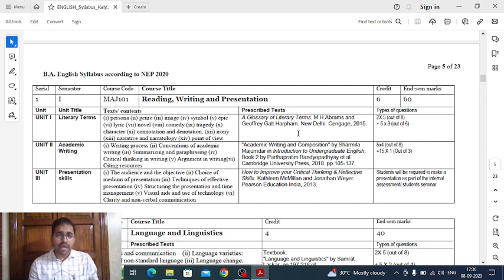Along with them, there are some larger terms, as you can see in this syllabus, like epic poetry, lyric poetry, novels, and comedy and tragedy, which fall under the group of drama. All these are important and significant larger terms because you will find there are ample references to other important terms that fall under these groups.